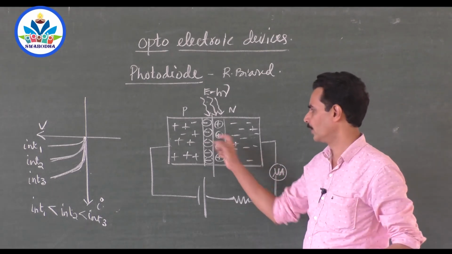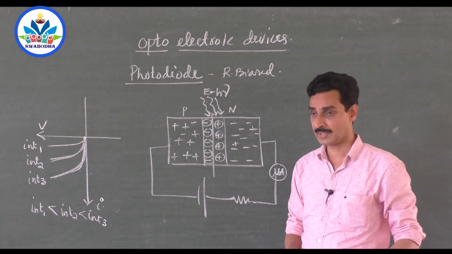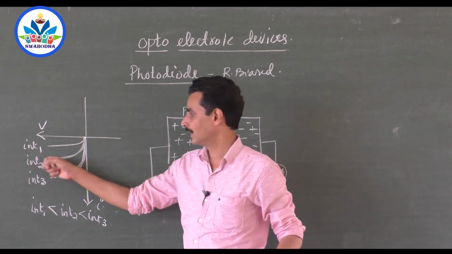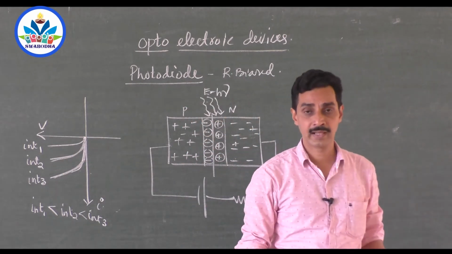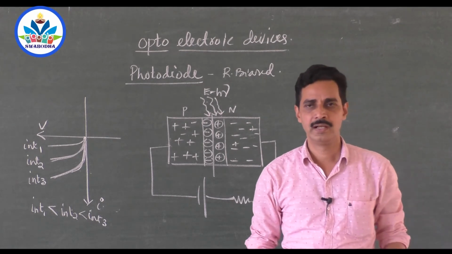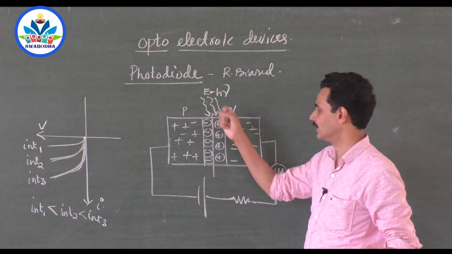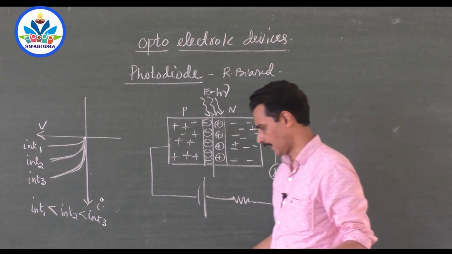These electron hole pairs start moving across the junction along with the minority carriers. They increase the current, like this. And the amount of light current depends on the intensity of light falling. The more the intensity, the more the reverse bias current. So you can directly convert intensity into an electrical signal, that is current.